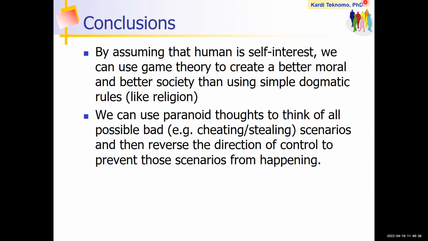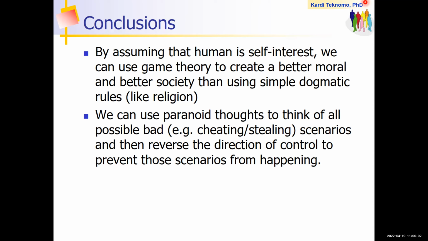So as a conclusion, by assuming that humans are actually self-interested, we can use game theory to create a better moral, a better society, than using a simple old dogmatic rule like religion. And we can also use bad things for good things.